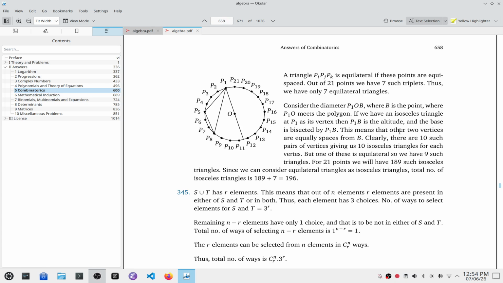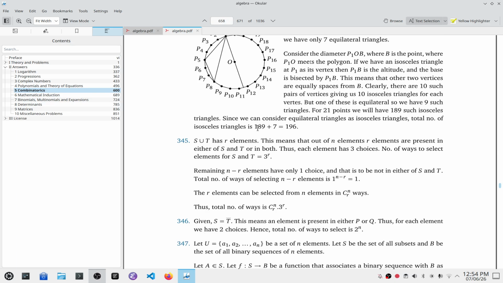This means that the other two vertices are equally spaced from B. Clearly, there are 10 such pairs of vertices giving us 10 isosceles triangles for each vertex. But one of these is equilateral, so we have 9 such triangles. For 21 points, we will have 189 such isosceles triangles. Since we can consider equilateral triangles as isosceles triangles, the total number of isosceles triangles is 189 plus 7, that is 196.